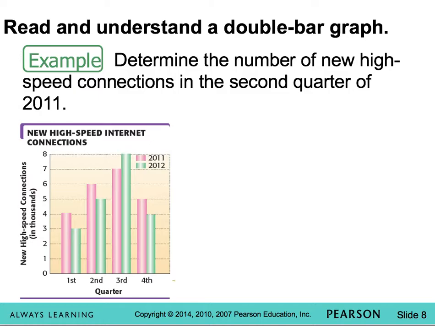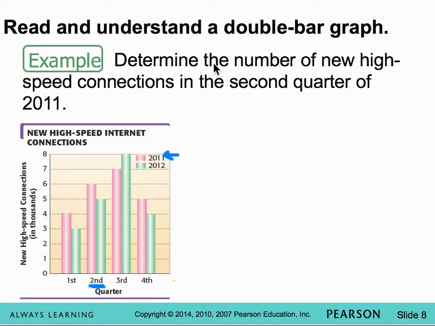This is called a double bar graph because obviously there are double bars. So the pink represents 2011 and the green 2012. So determine the number of new high-speed connections in the second quarter of 2011. So 2011 is pink. I got several things to look at here. Here's the second quarter.